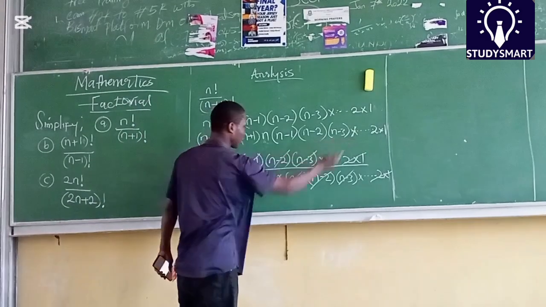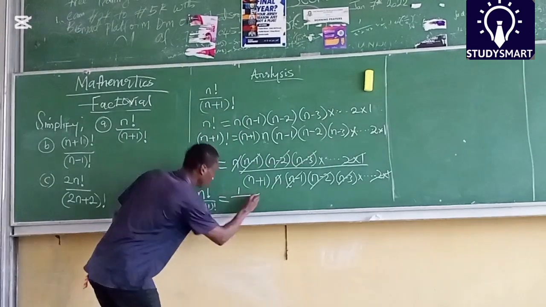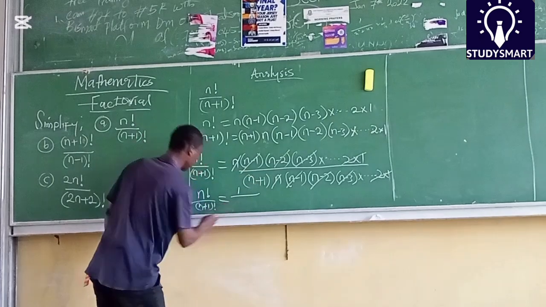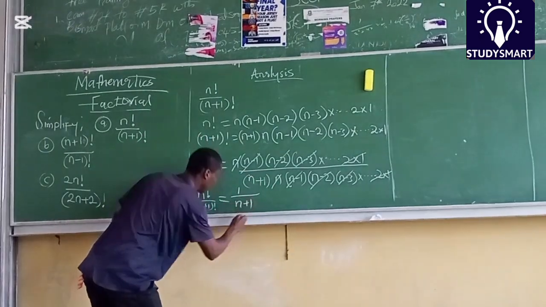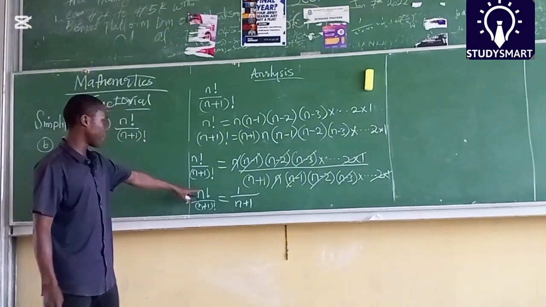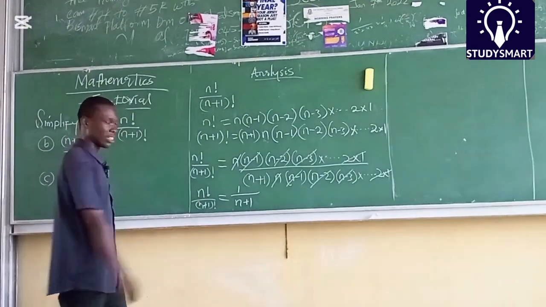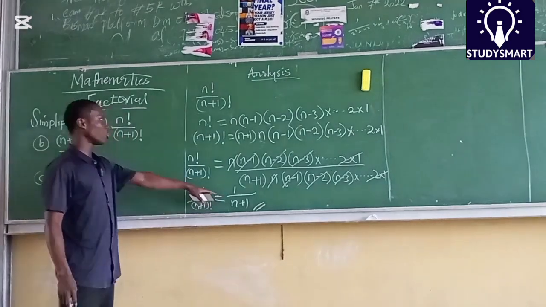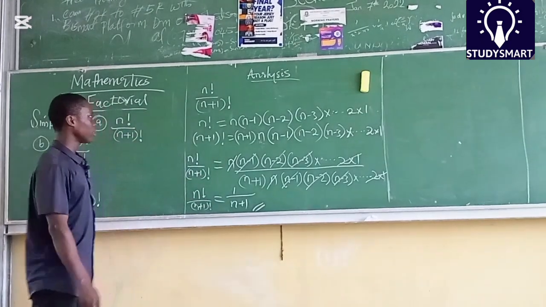If you check here, nothing is left in the numerator, so I'm going to have 1 over. In the denominator, n plus 1 is left. So n factorial over n plus 1 factorial is equal to 1 over n plus 1. So that becomes the solution to the first problem.